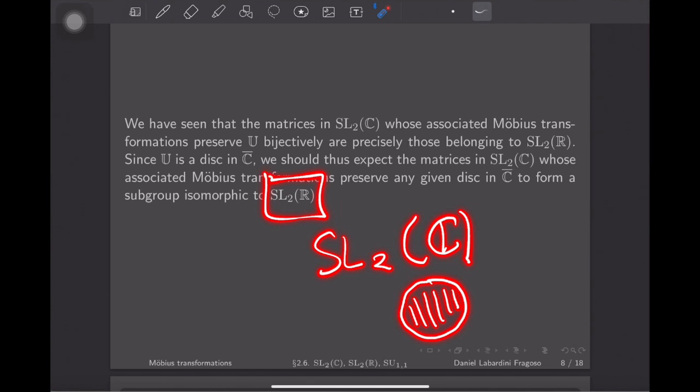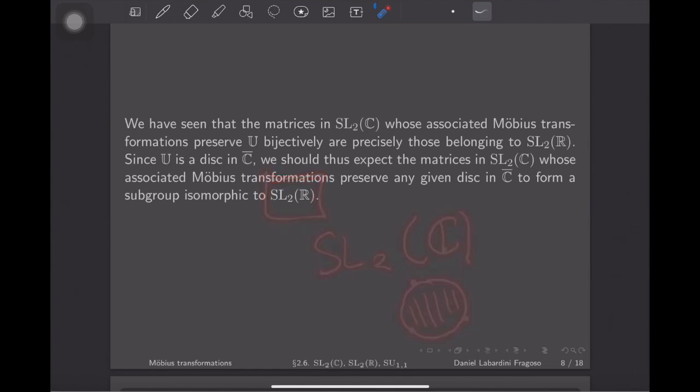And the conjugating Möbius transformation can be any Möbius transformation sending 0, 1, and infinity to my 3 points. That's what I'm going to do.